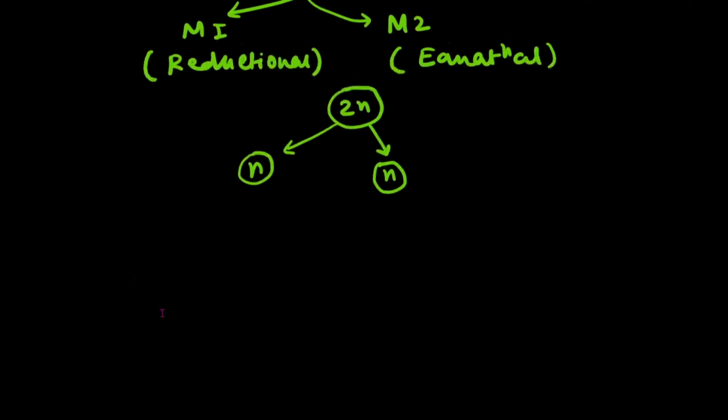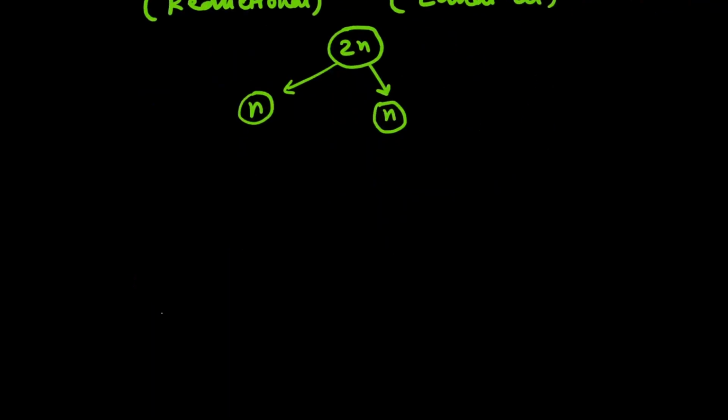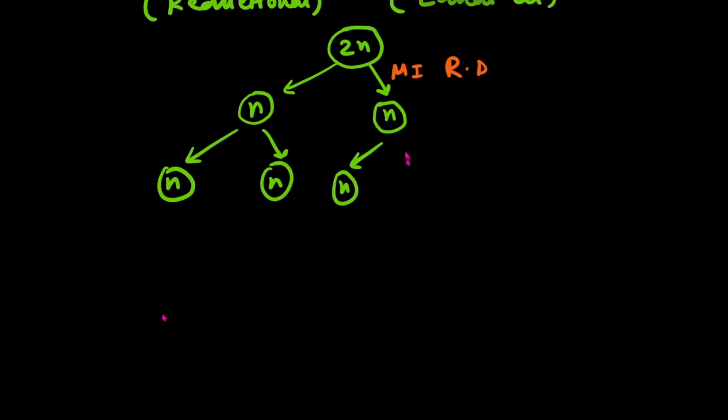Now meiosis 2. In meiosis 1, the chromosome number becomes haploid from the diploid state, so meiosis 1 is called the reductional division. After meiosis 1, meiosis 2 occurs, and these two haploid cells divide again, each producing another two cells.